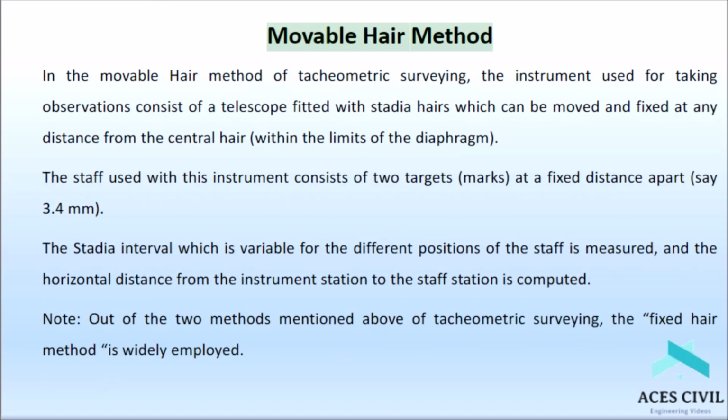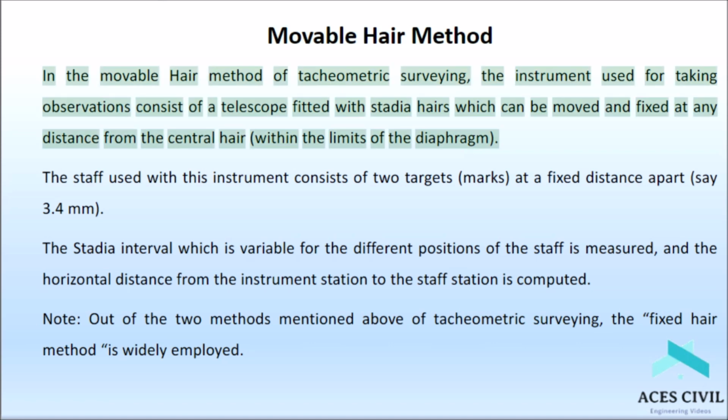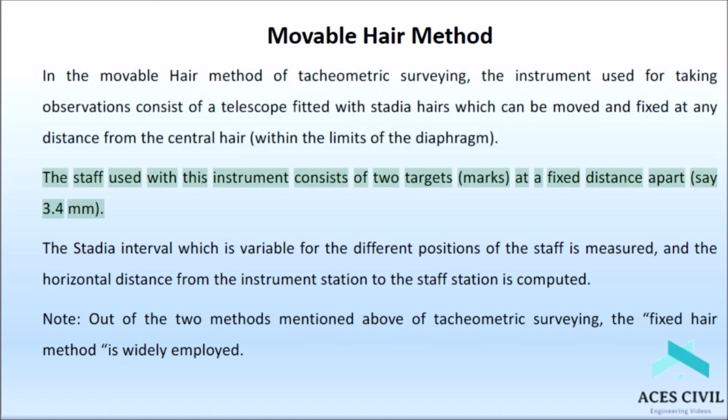Movable hair method. In the movable hair method of tacheometric surveying, the instrument used for taking observations consists of a telescope fitted with stadia hairs which can be moved and fixed at any distance from the central hair, within the limits of the diaphragm. The staff used with this instrument consists of two targets, or marks, at a fixed distance apart, say 3.4 m.